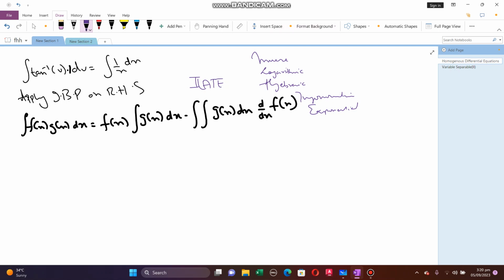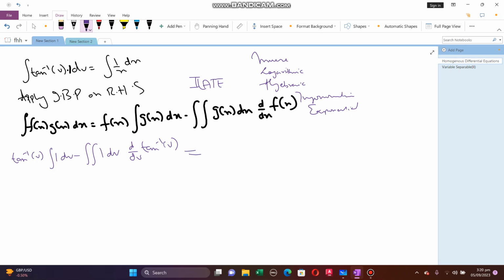So priority is given to tan inverse v as it's an inverse function, and it is going to be the first function f of x. So tan inverse v times the integral of 1 dv, minus the integral of 1 dv times d by dv of tan inverse v.